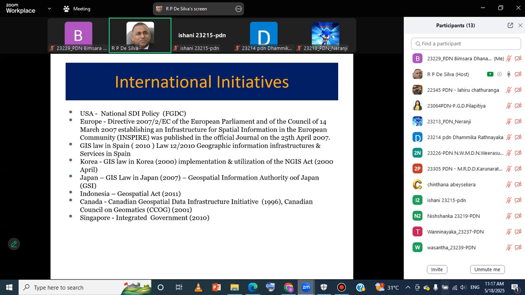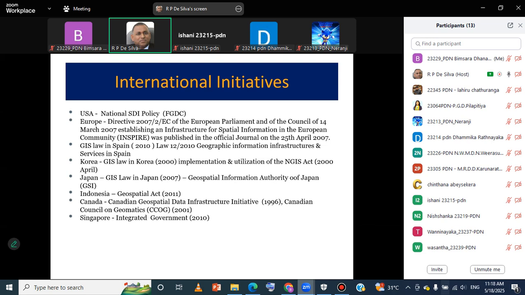We call it INSPIRE. And then GIS law in Spain, geographic information infrastructures and services in Spain. And Korea, GIS law in Korea, implementation and utilization of NGIS, National Geographic Information System Act of Korea.